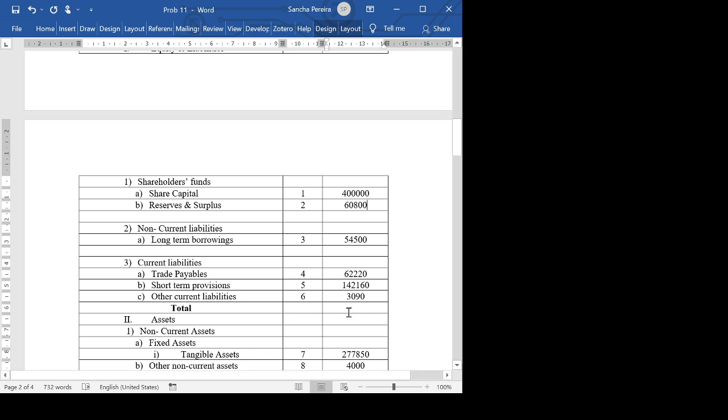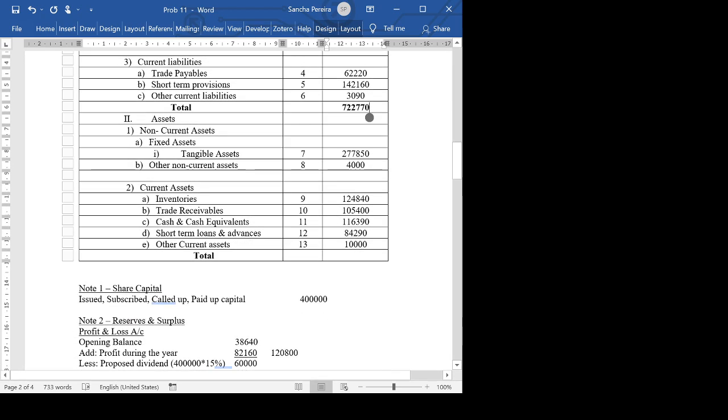So this total here will be plus 54,500 plus 62,220 plus 142,160 plus 3,090 comes to 722,770.